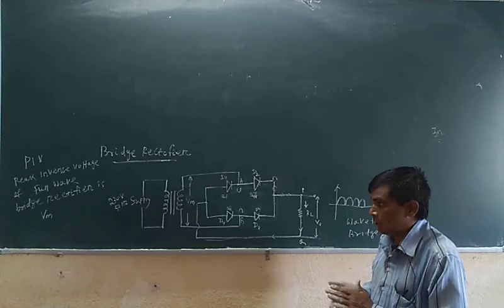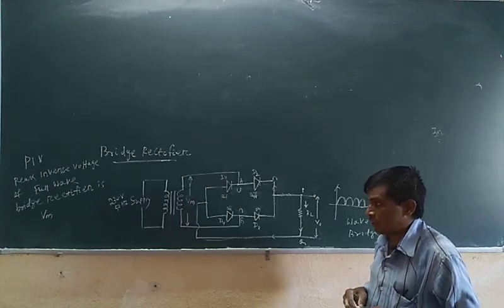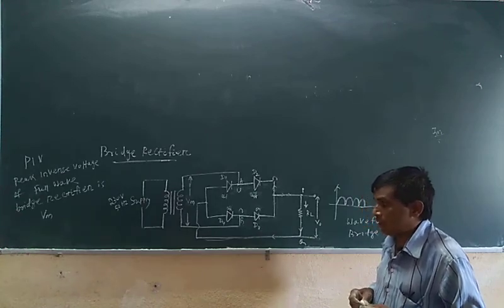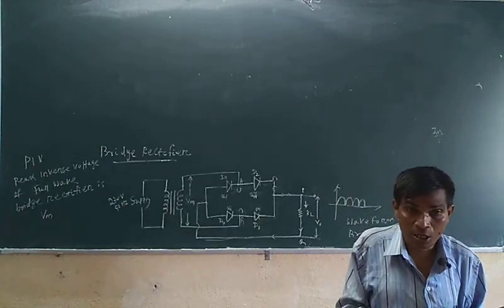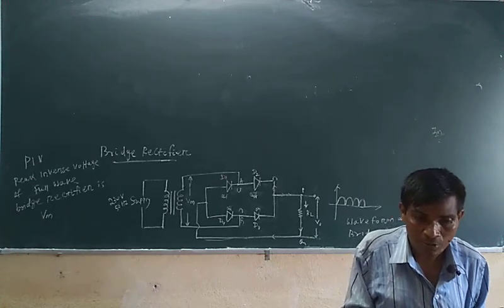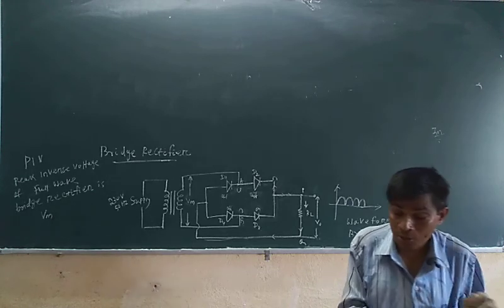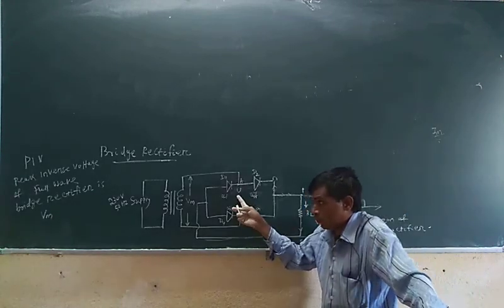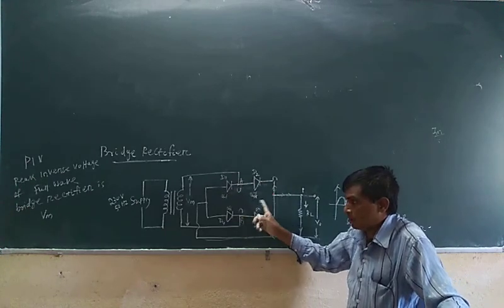Now students, remember the peak inverse voltage of a bridge rectifier is VM. But the peak inverse voltage in a center tap full wave rectifier is VM plus VM, that is 2VM. So the peak inverse voltage of a center tap rectifier is 2VM, and of a bridge rectifier is VM.